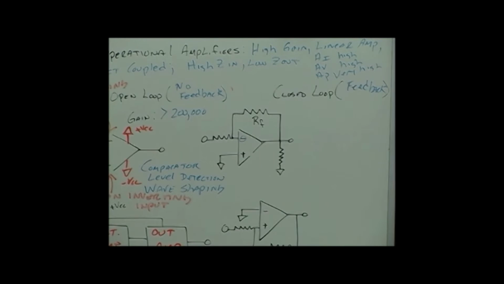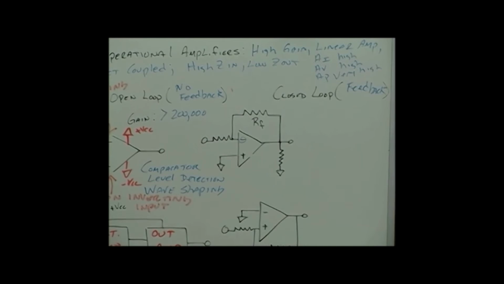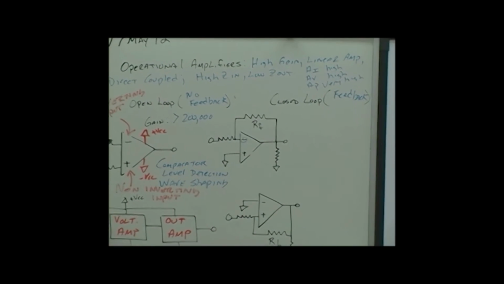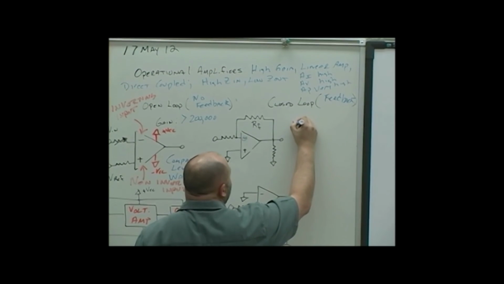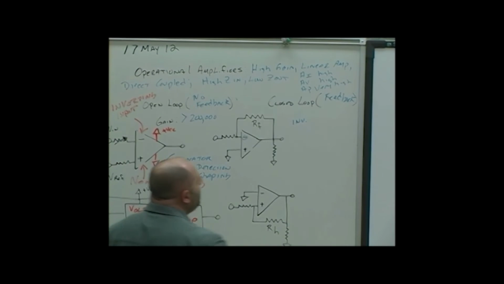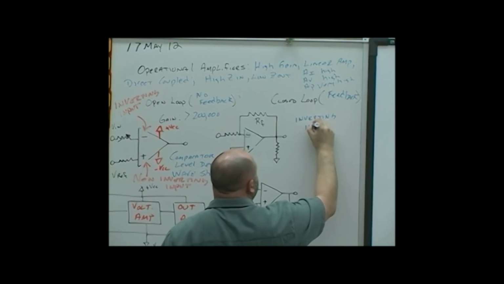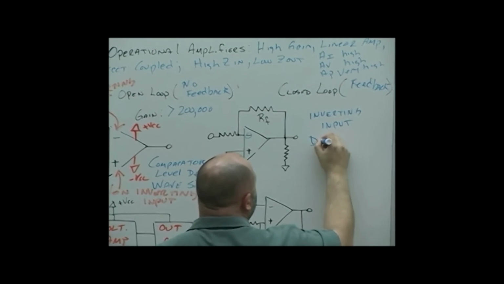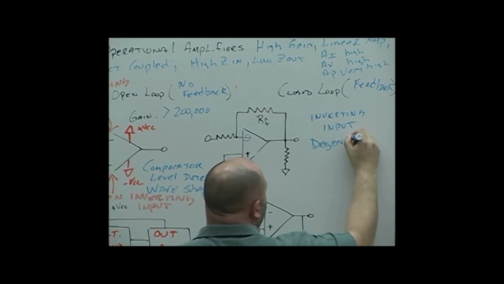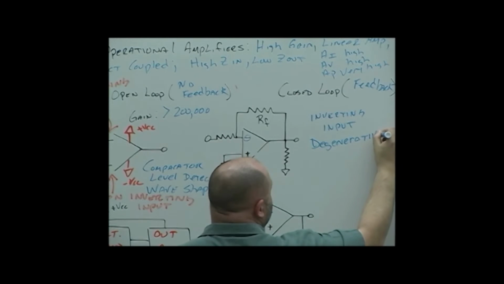You already know it's called that, but there's another name. What kind of feedback do we call that? Degenerative. If it's on the inverting input, it's called degenerative feedback. What else can we call it? Negative feedback. Yes.